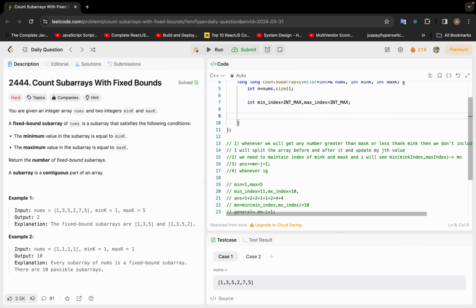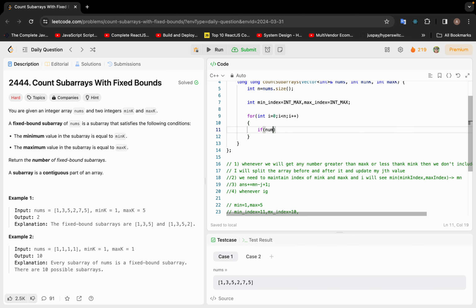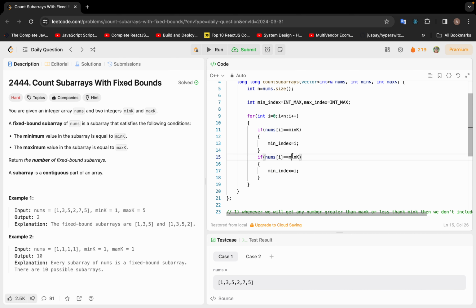So at first, what will I try to see? If my nums[i] is equal to this min k given, then I will update my min index, and again if nums[i] is equal to max k, I will update my max index, right?